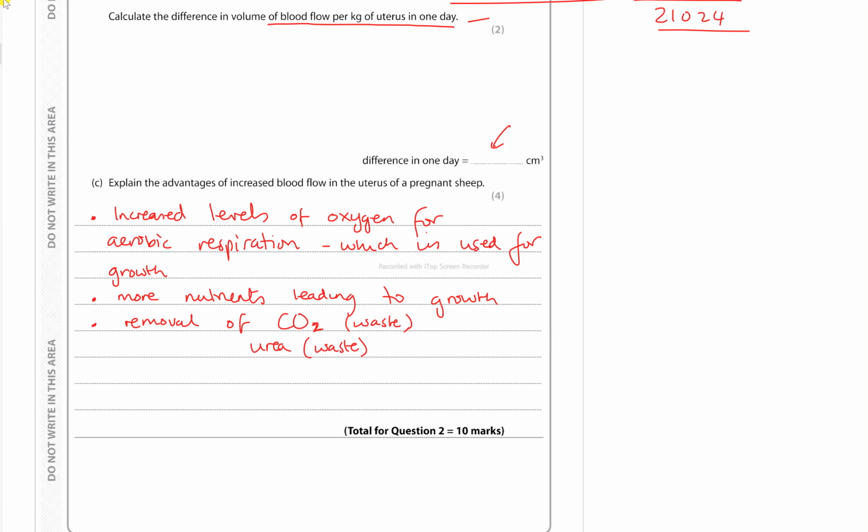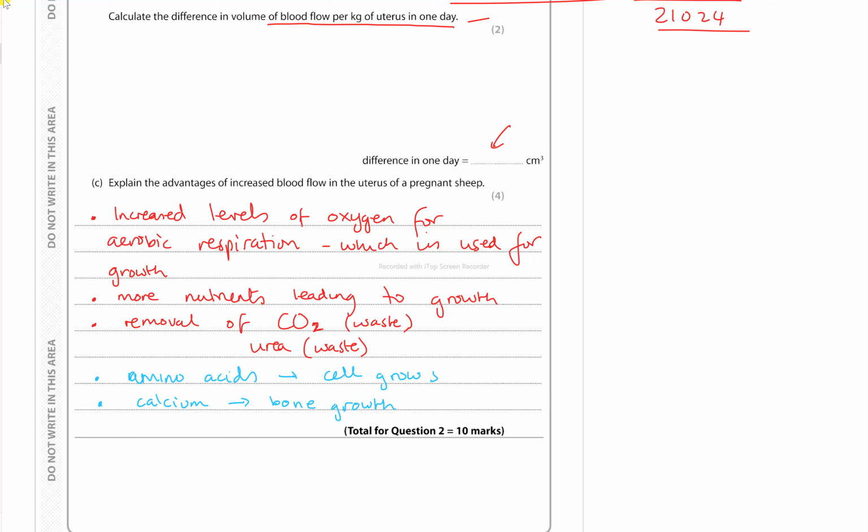Okay, what they also want you to do is name a few minerals. So for example, you'll get amino acids for cell growth for nuclei. You might get, just say for example, calcium to help with bone growth.